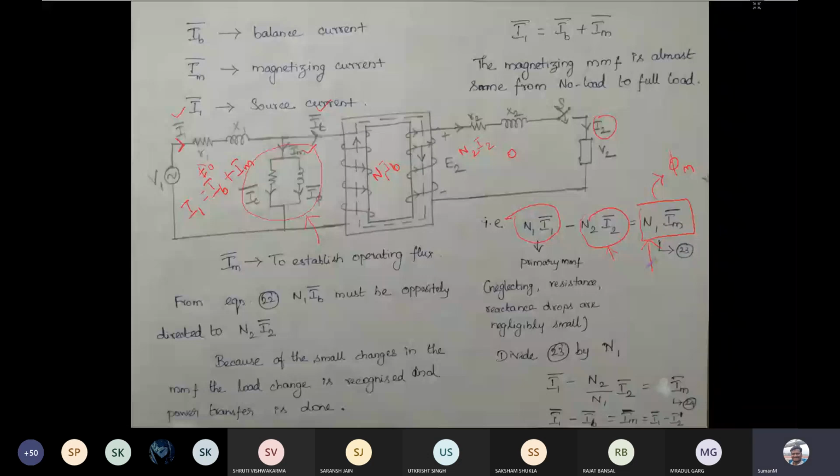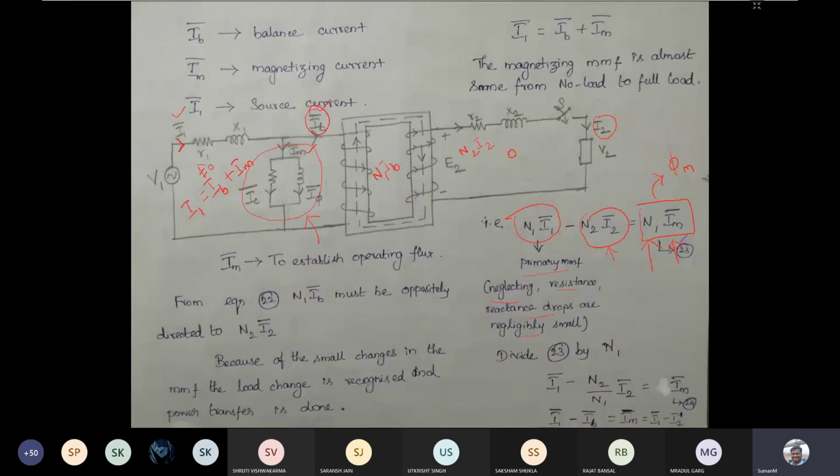Here I have mentioned that primary MMF neglecting resistance, reactance drops are very small, so we are neglecting it. Now when there is a small change in load, then this EB is going to change significantly. That is going to be reflected in the secondary side. So keep in mind one thing. This is the net EMF, that is the magnetization MMF.